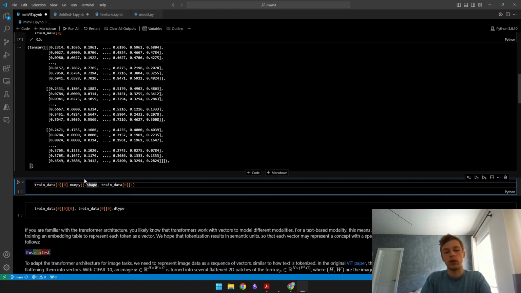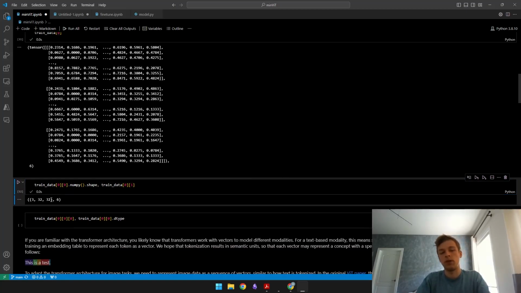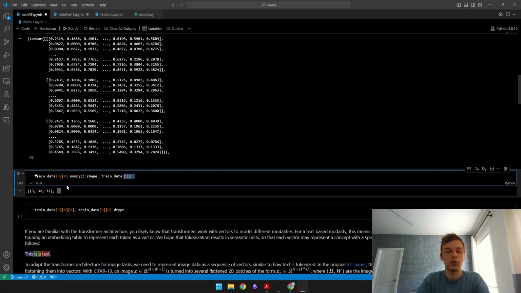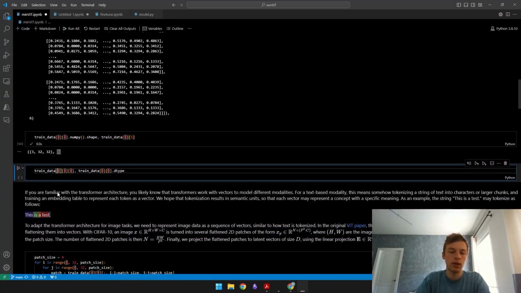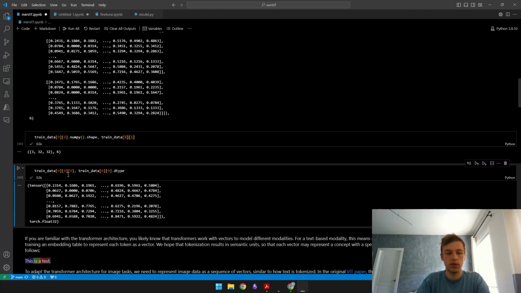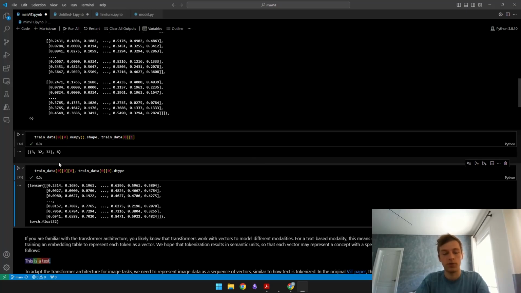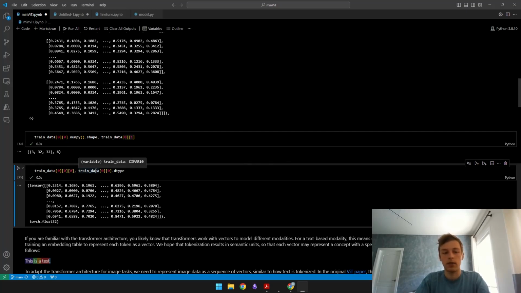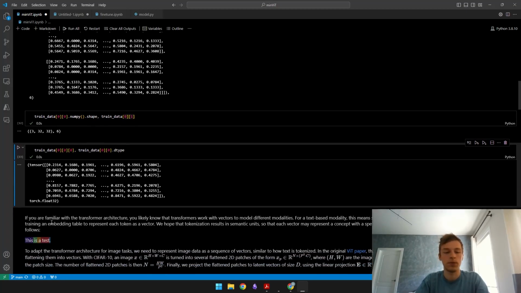Now here we can see the shape of the image and the label simply by indexing 0, 1 would be the label, and then 0, 0 would get us the tensor for the image. And here we can also index 0, 0, 0 would be the first row or the first channel. And then 0, 0, we can see the data type is float32 for these.